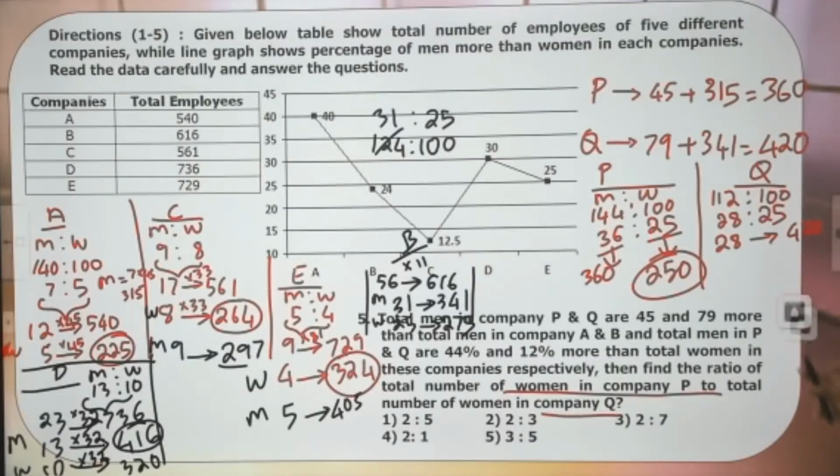So the relation is into 15. 28 into 15 is 420. So next 25 into 15 will give you the answer, that is 375. So what is the ratio? 250 is to 375. On simplifying, you will get the answer as 2 is to 3.